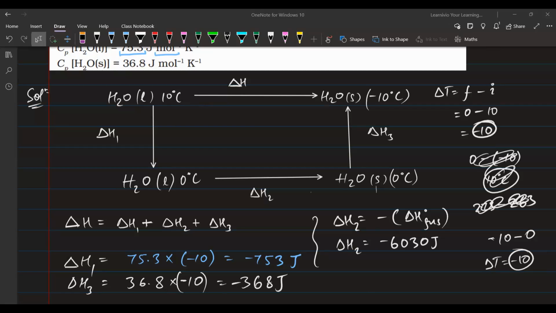Yes, Shaima, correct, very good. That is right. Calculate the answer. It will be minus 7151. Add all the delta H1, H2, and H3.